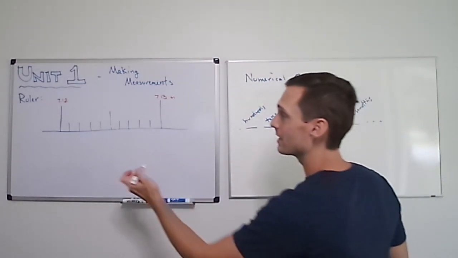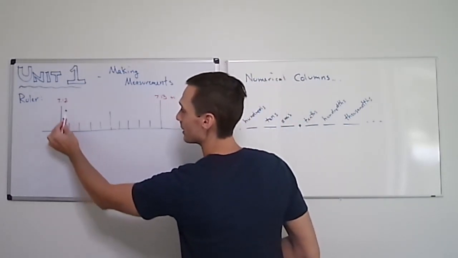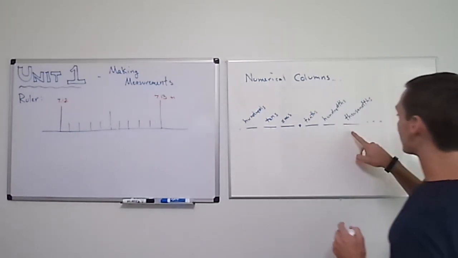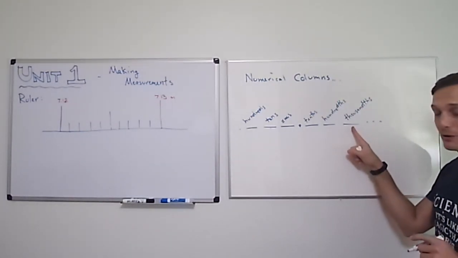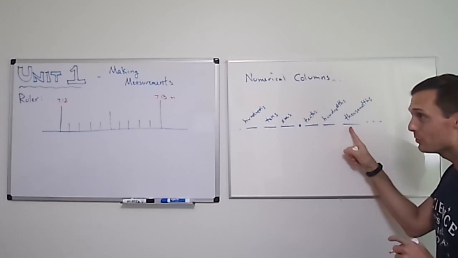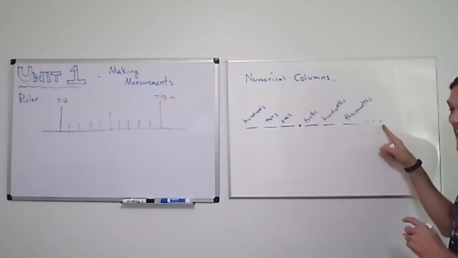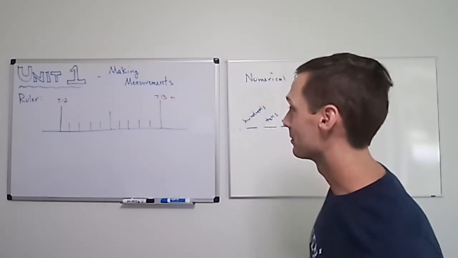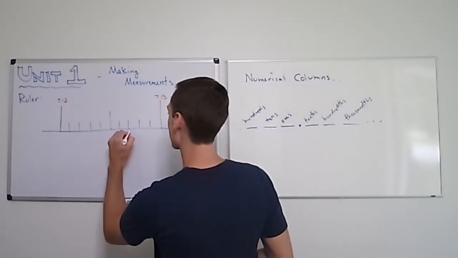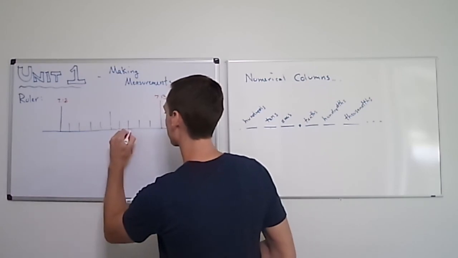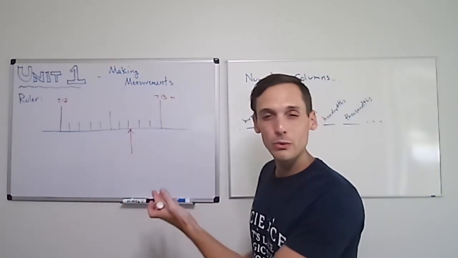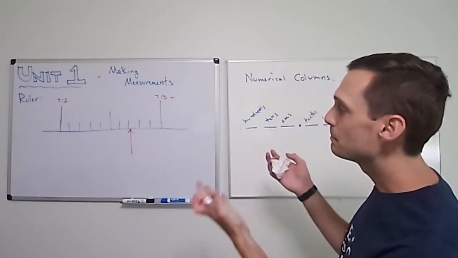Hopefully you can see that each little tick mark here will be the thousandths. It's labeled to the thousandths, which means we would need the ten-thousandths as our measured value, right? So let's say right there. That's our measurement.